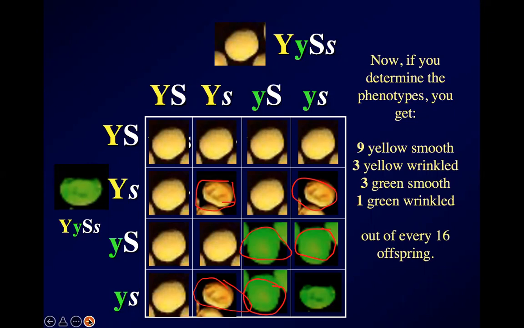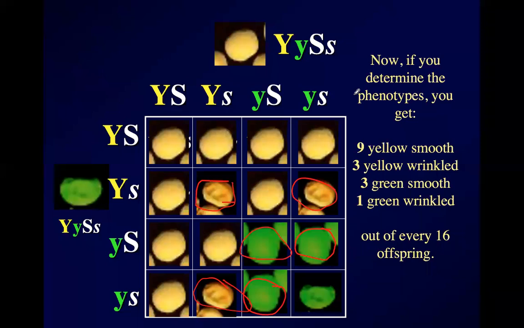3 out of the 16 are going to look yellow and wrinkled. They're going to have at least one copy of the dominant yellow allele, but they will be homozygous recessive for wrinkling. 3 out of 16 are going to look green and smooth.